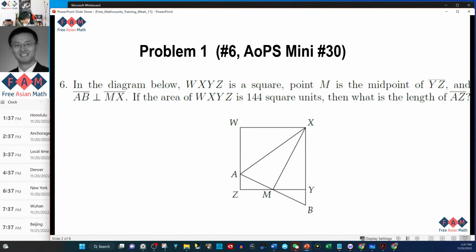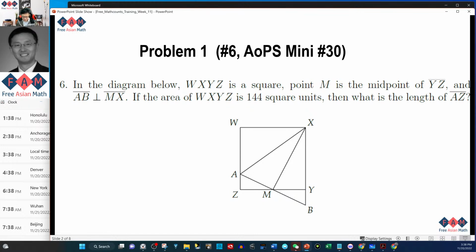So we can see that triangle AZM is similar to triangle MYX, right? Just exactly because of what we just discussed. So the ratio between AZ to ZM is the same as the ratio between MY to YX, right?